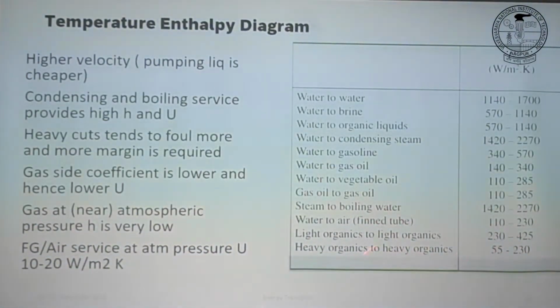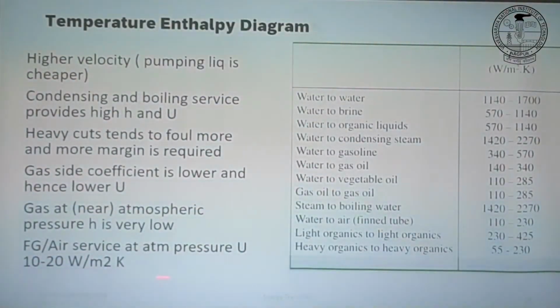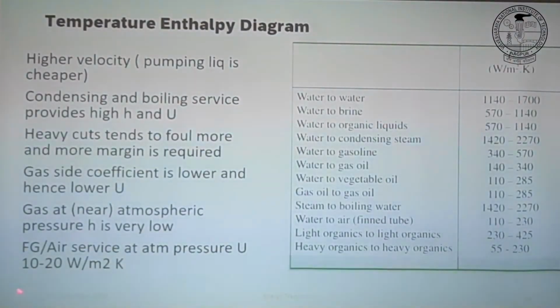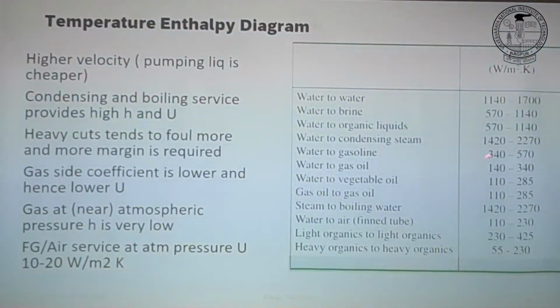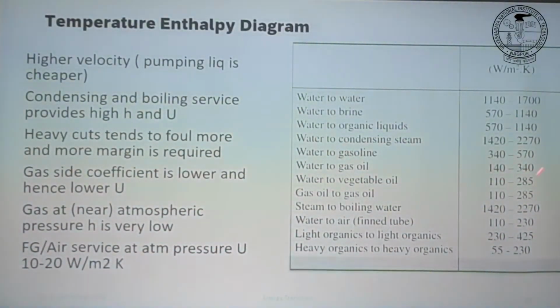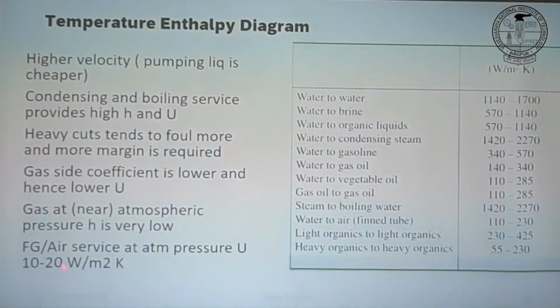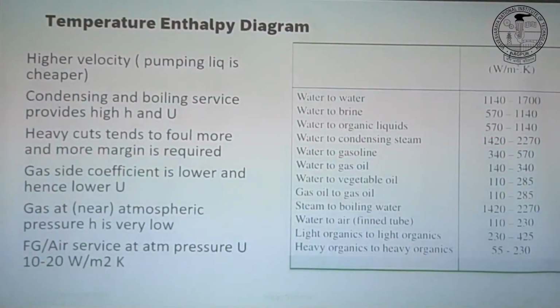And our example is unfortunately not represented here, but flue gas service at atmospheric pressure is somewhere around 10 to 20. Compare this with this. Imagine you have condensing steam and some other liquid on the other side. We are talking about 2000, and if you have flue gas or air, we are talking about 20 to 25 W/m²K.